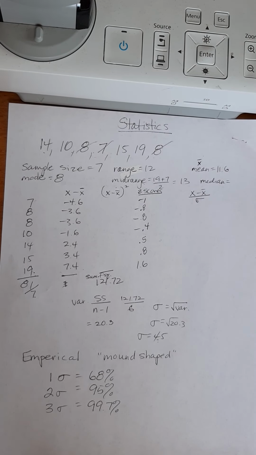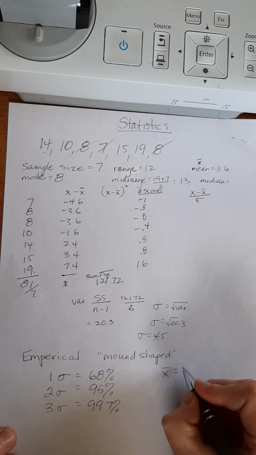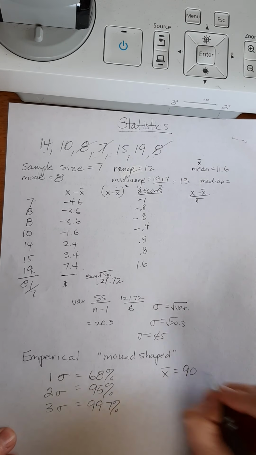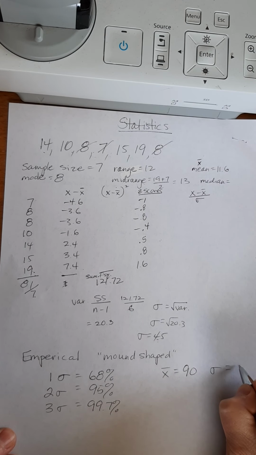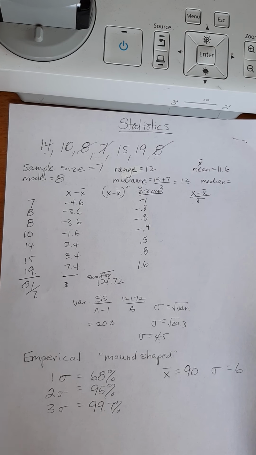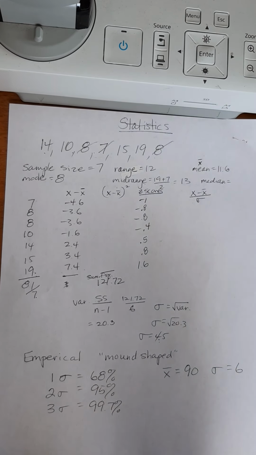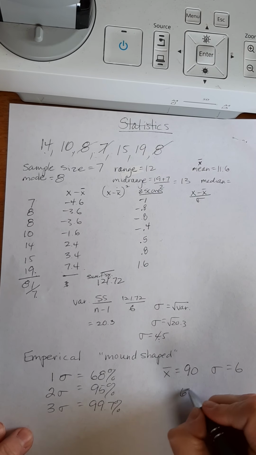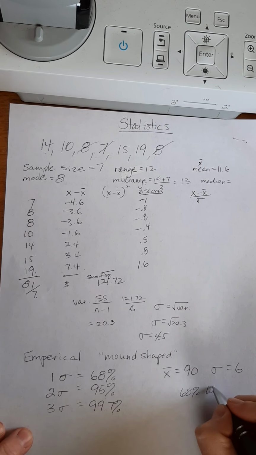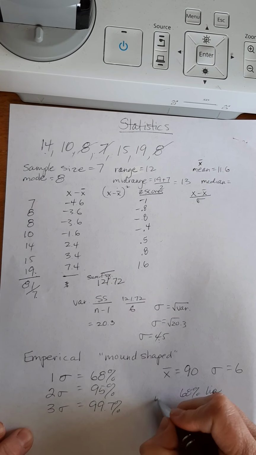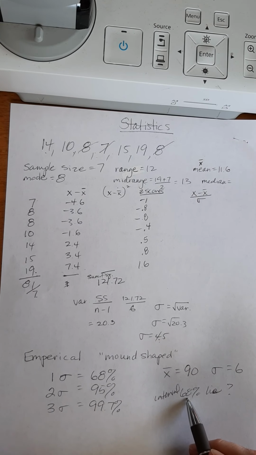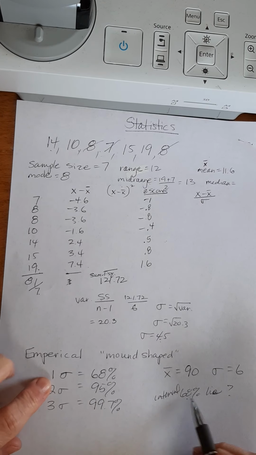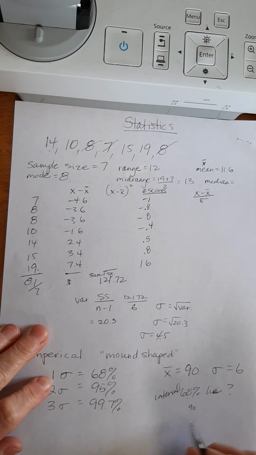And the only way I would give you something like this is, let's say your average, or your mean, is 90, and your standard deviation is 6. If I were to ask you, what interval would 68% of the data lie in? Well, 68% just means one standard deviation. So think of it, 90 is my middle.